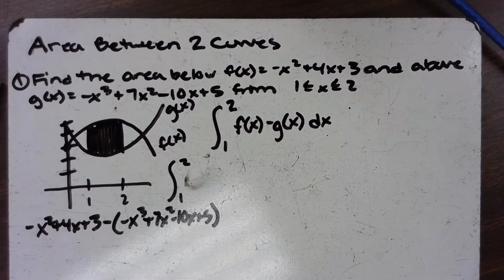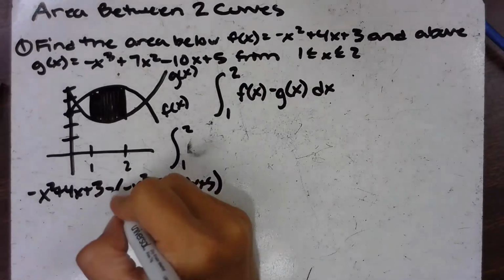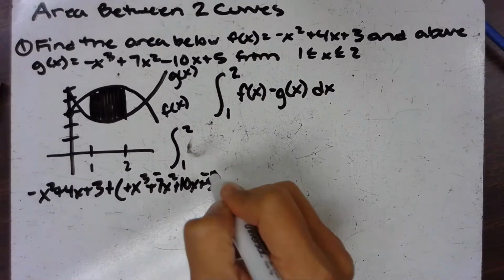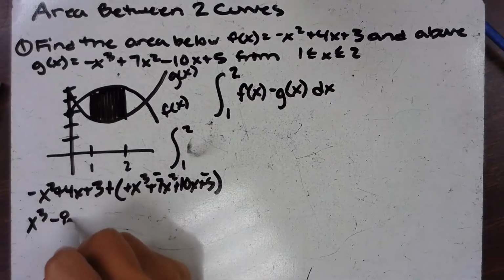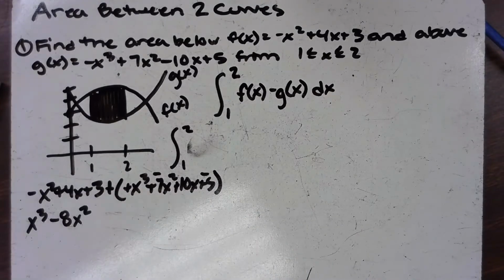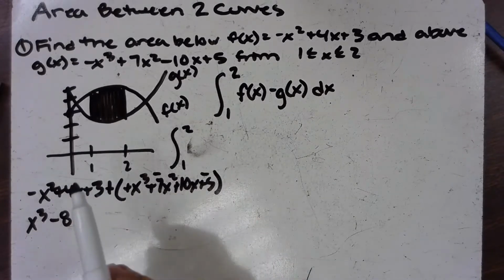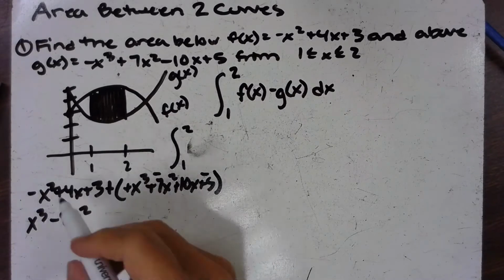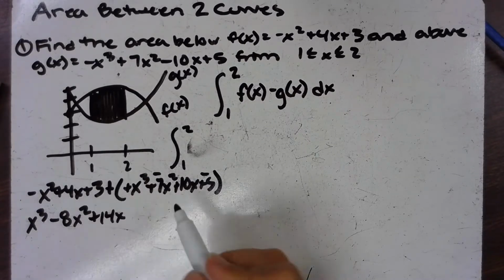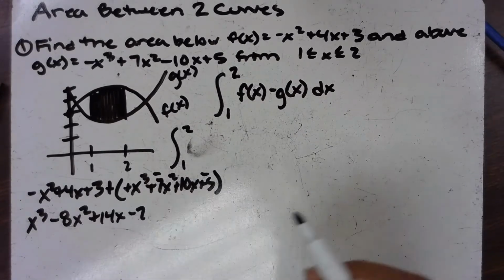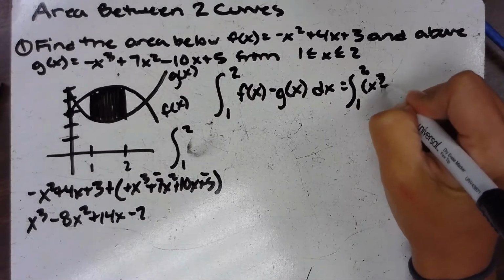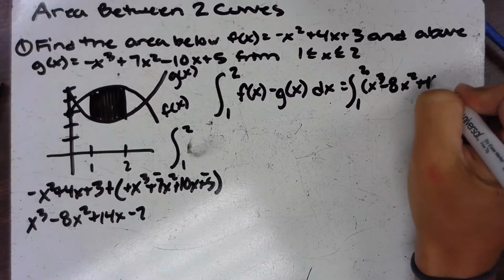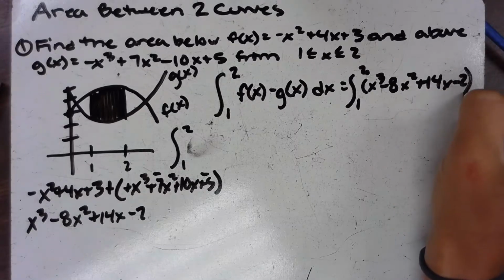If I do a little bit of this math, I've got to distribute. I end up with x cubed, negative 8x squared, plus 14x, and then minus 2. So from 1 to 2 of x cubed minus 8x squared plus 14x minus 2 dx.